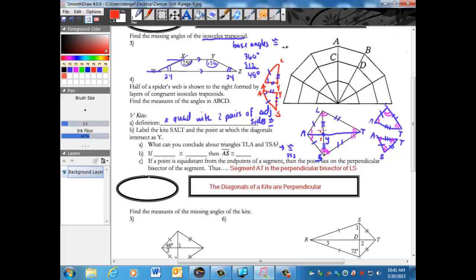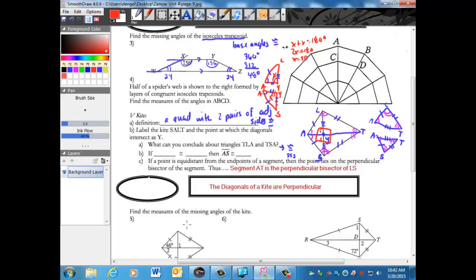Since this forms a linear pair, and this is angle Y, and angle Y is congruent to angle Y by CPCTC, well, since they add up to 180 degrees and they're the same angle, if I call this angle x and angle x, x plus x would equal 180 degrees because of our linear pair. That means 2x is equal to 180, x equals 90. So what I can now do is put a 90-degree box all the way around.